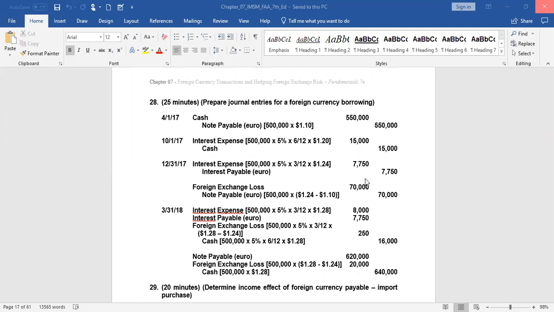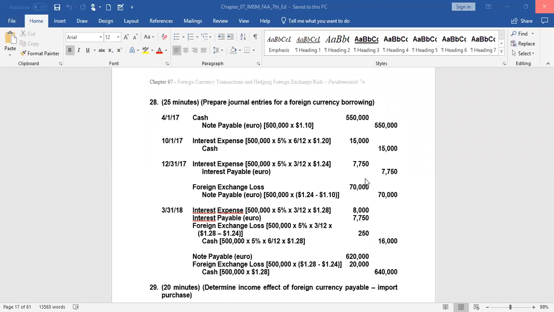As of December 31st, though, it's $1.24. So if we had to pay back this loan on December 31st, we only received $1.10 for €1, but we would have had to pay $1.24, or a difference of 14 cents per euro.